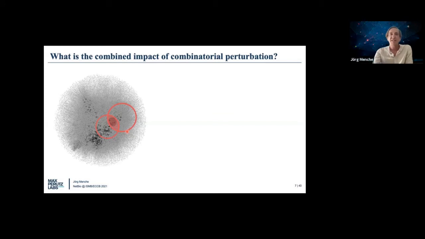So I mentioned earlier that this closeness on this molecular network can relate to either, say, disease comorbidity, so these two representing, I don't know, type 2 diabetes and obesity, but this closeness can also be related to the efficacy of a particular therapeutic intervention, if one of these two would represent the targets of a particular drug. So in one case, it's a positive, a desired outcome. In the other case, it's a negative comorbidity. So the broader question is what is really the combined outcome of individual combinations of perturbations on these networks?